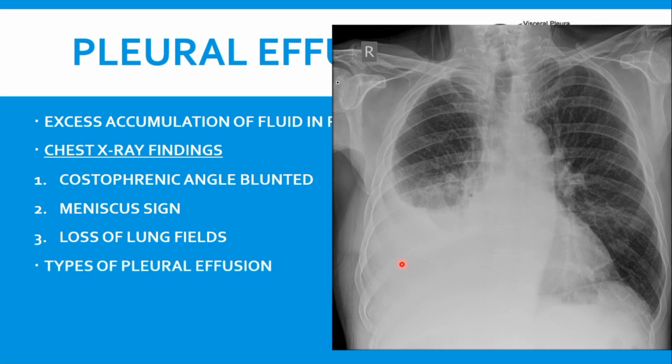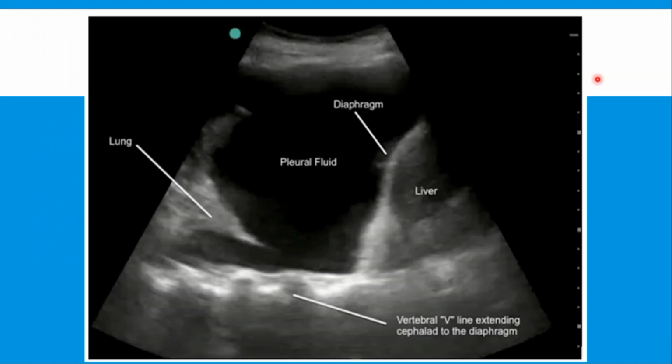There are two types of pleural effusion mainly, that is transudative and exudative. Now, this is the latest technology in which pleural effusion can be detected, that is chest ultrasound. Instead of x-rays, in the developed countries they use chest ultrasound. It can show the pleural fluid and the lungs, and you can also see the diaphragm.